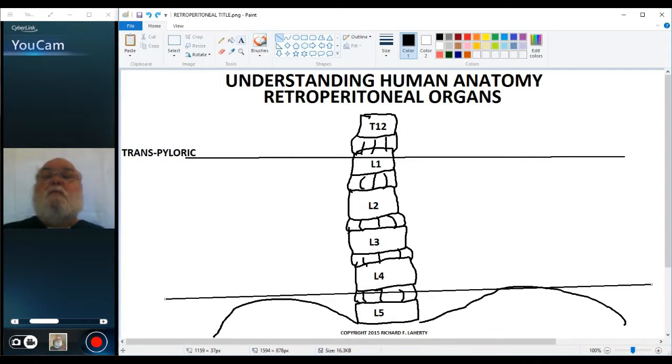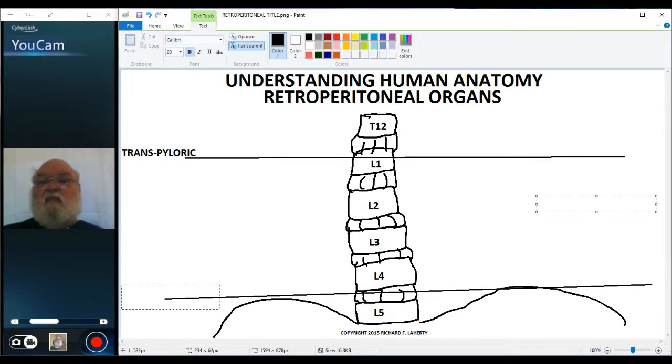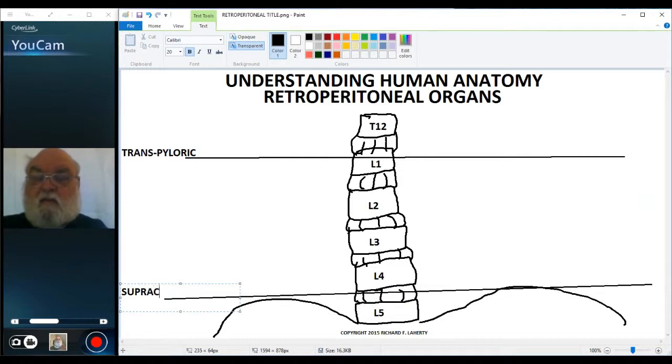The supracrestal plane passes over the superior edge of the two iliac crests. So we'll put the label in here. And the supracrestal plane passes through the disc between L4 and L5.